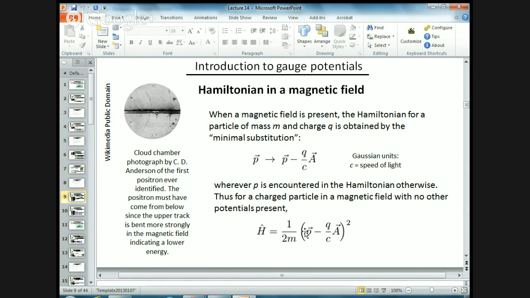So for the simple case of a free charged particle, the Hamiltonian is p squared over 2m, and now by the minimal substitution, you get this Hamiltonian.